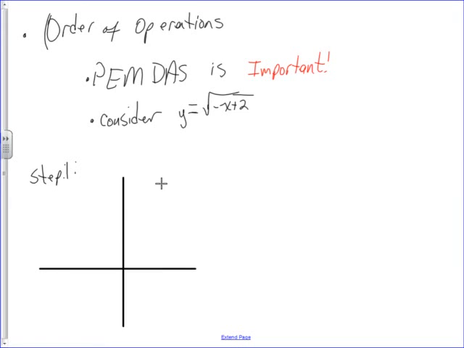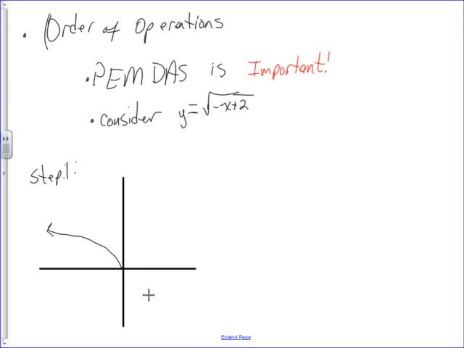So y equals the square root of negative x is going to make this graph go this way, right? It's going to give it a y-axis reflection or a horizontal reflection because we changed x into negative x. And the reason we did that first is because the M in PEMDAS comes before the addition, which is the plus 2.